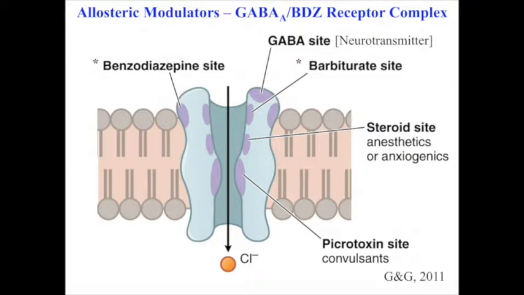They're agonists at the benzodiazepine site or at the barbiturate site, which act to facilitate, in an allosterically positive way, GABA-mediated opening of the chloride channel. And there are a lot more examples. This is just one example.